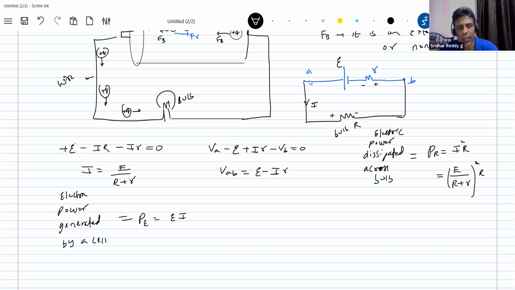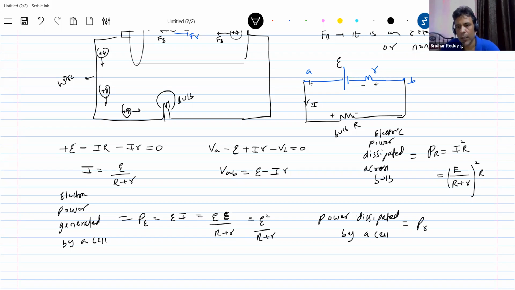E into I. Then power dissipated by a cell. That will be in the internal resistance. So this we should write as I squared r.